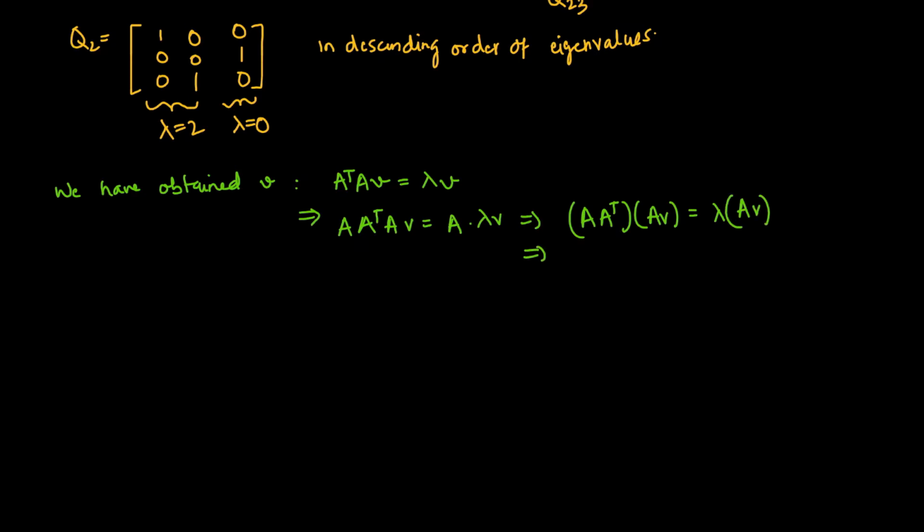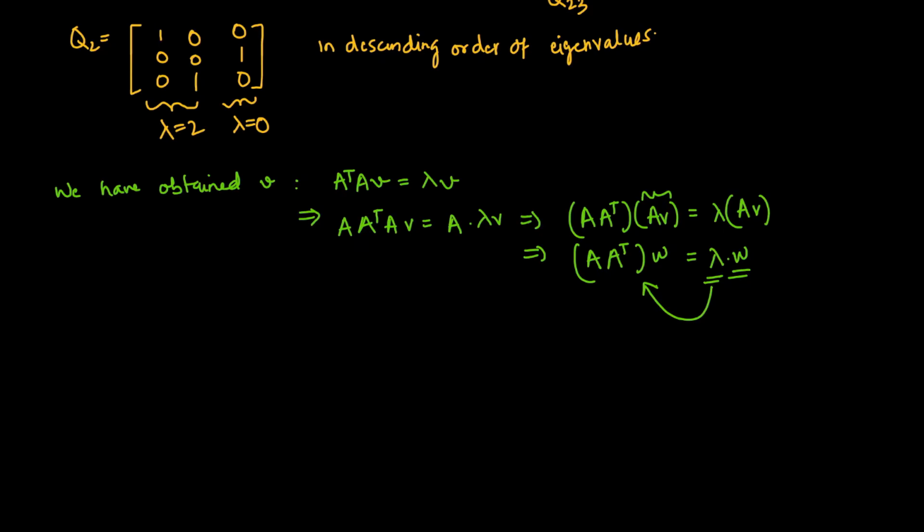Now observe carefully that it means that A A transpose multiplied with some vector, let me call that W, is equal to lambda times W. So this means that lambda is again an eigenvalue of A A transpose with the eigenvector W, right? So this is why, instead of again going through the eigenvalues of A A transpose, we simply multiply V by A and obtain this, right? So let's do that one by one.